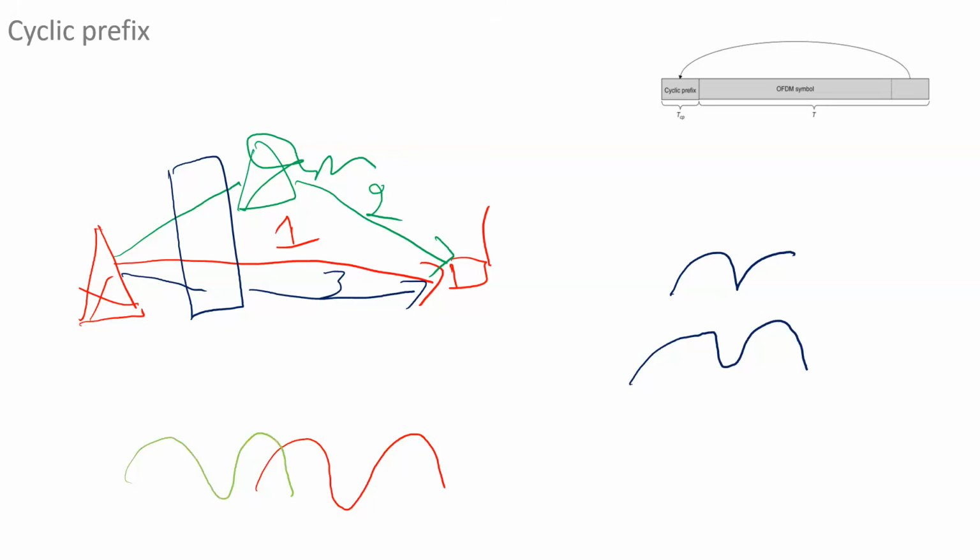But the second symbol and first symbol may interfere with each other, and this gives rise to what you call inter-symbol interference.